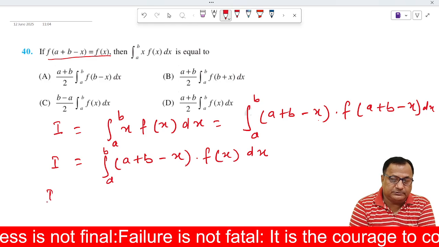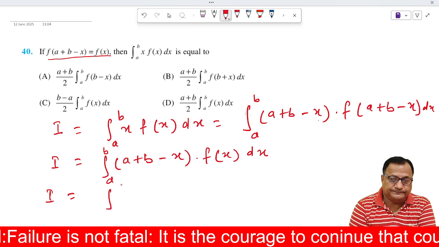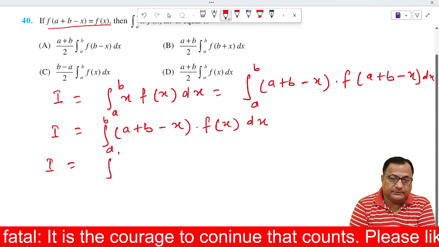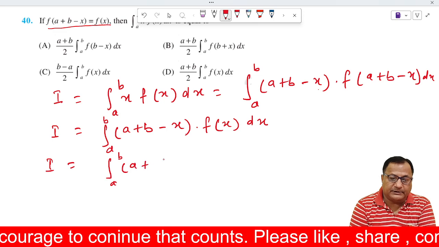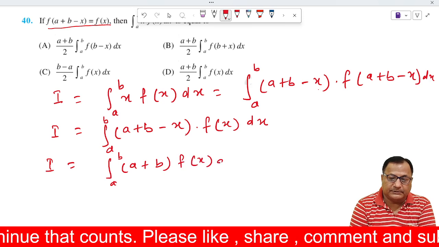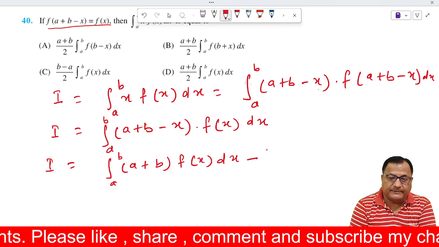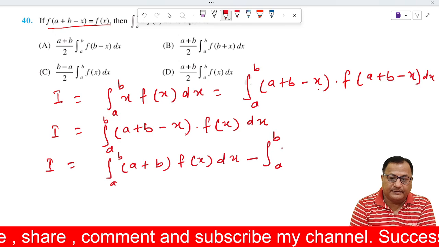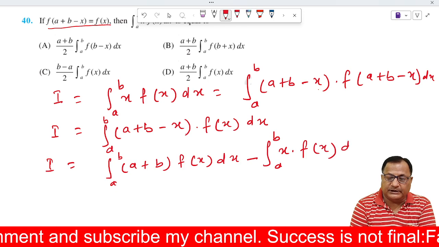So I is equal to the integral of a, if we multiply then a plus b into f(x) dx, and in this we will multiply then minus x f(x) dx.